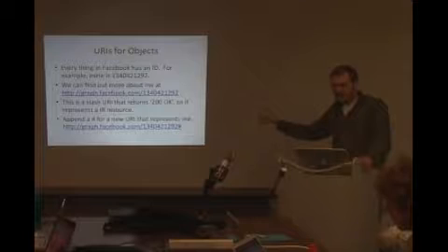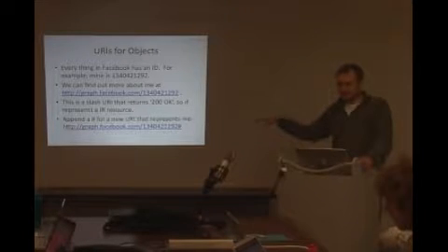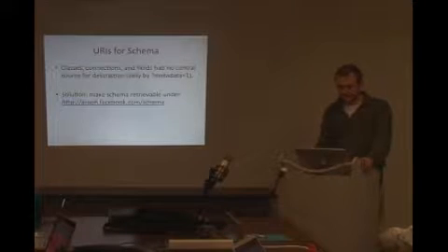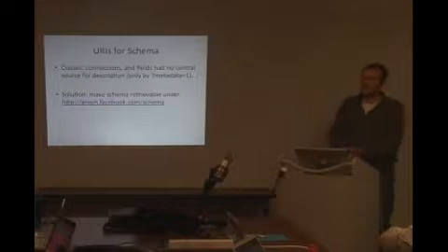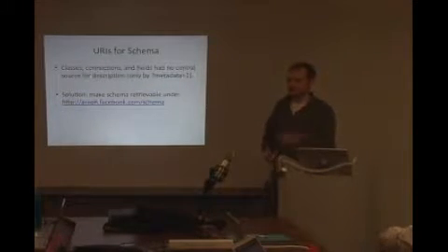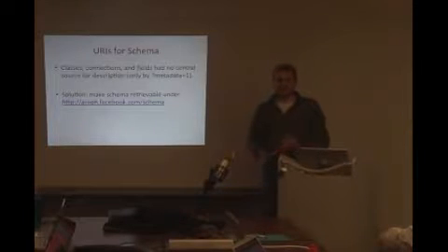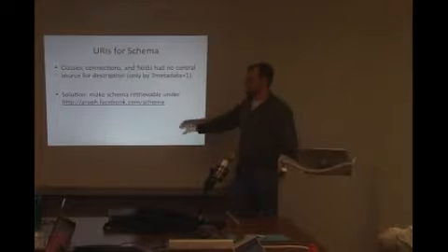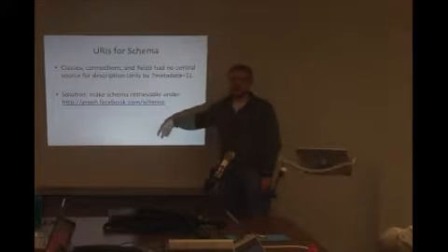So objects or instances are represented with these kinds of hash URIs, just by throwing a hash on the end. URIs for schema: we have to come up with URIs for these connections, fields, classes, ontology, if you will. So what we did was we just put a special access point under graph.facebook.com.